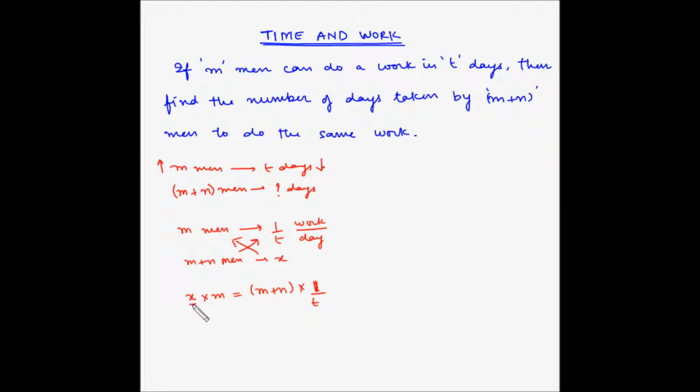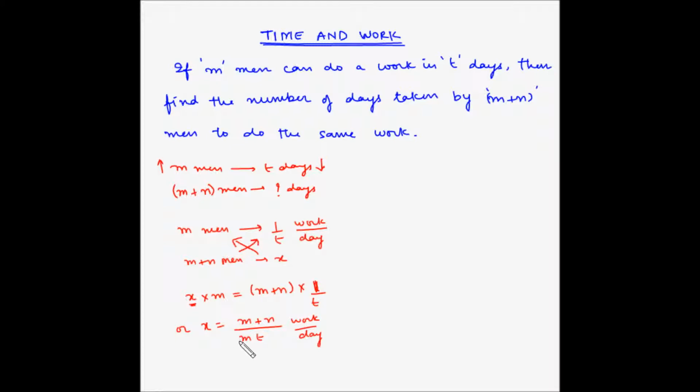So now we have to find x here. We'll keep x on one side and transfer the remaining to the other side. So x is equal to m plus n divided by m, which comes to the denominator, so mt. Now this is work done per day by m plus n men.